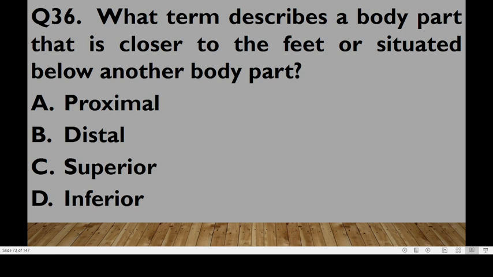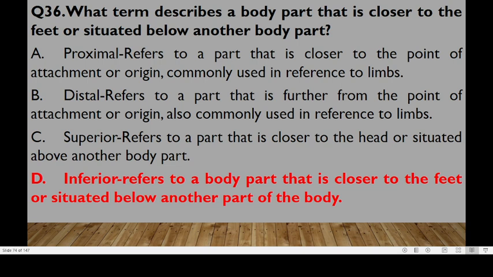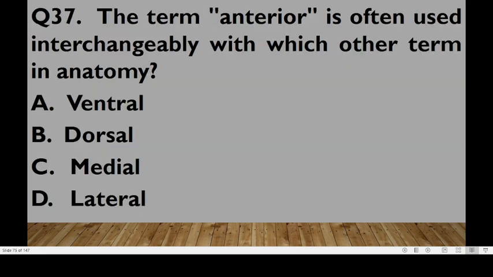What term describes a body part that is closer to the feet or situated below another? Below another, we talk of inferior, right? A body part that is closer to the feet or situated below another one. The term anterior is often used interchangeably with which other term in anatomy?